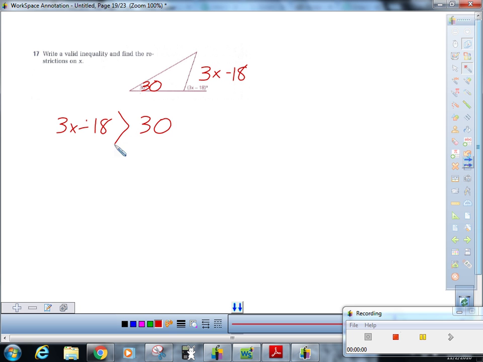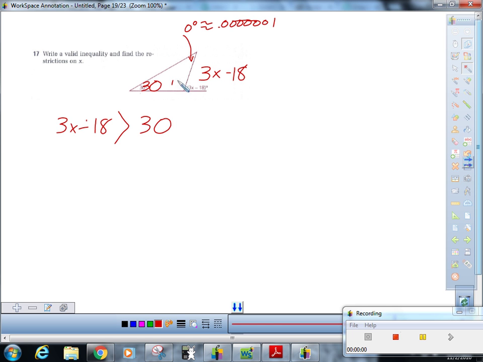Is greater than. But there's another part of this. I want you to imagine that this angle is 0 degrees. I know it can't be 0 degrees, but it can be that, right? So now just imagine that it's 0. If it was 0, what would this one be?